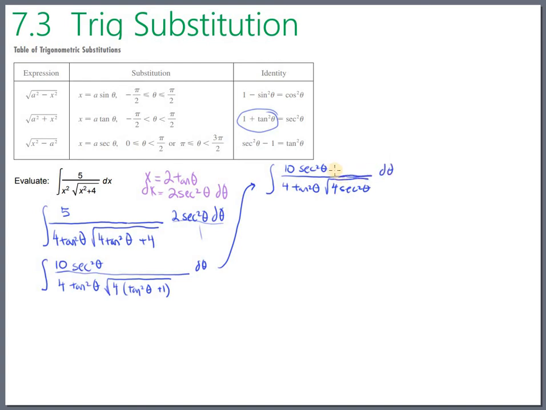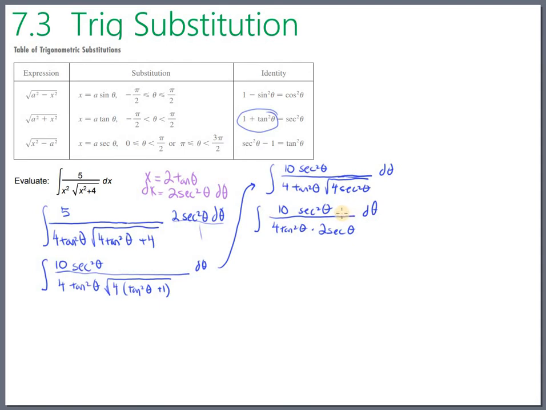And the whole point of doing these substitutions is to get rid of this square root. And the thing inside the square root now you can evaluate. So inside the square root, everything else is going to stay the same here. Inside the square root, that becomes 2 secant theta. And on top, we've got 10 secant squared theta d theta.